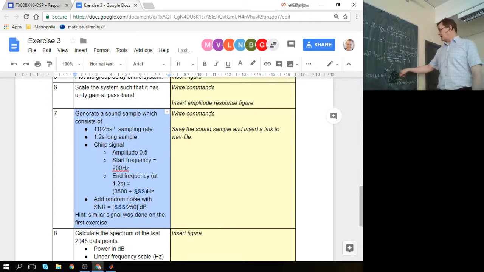So that's the linear scaling factor for this random number generator. Okay, now you know how to do it.